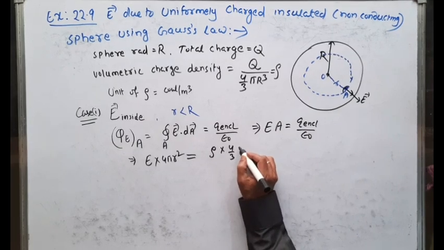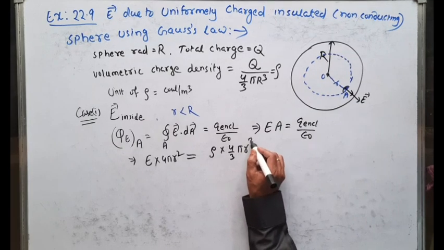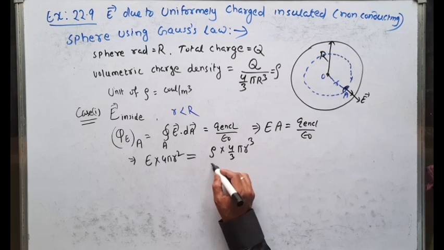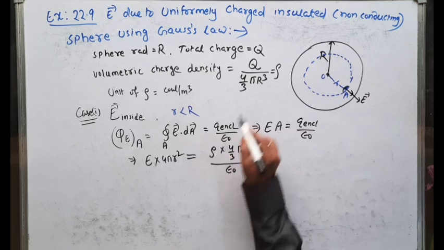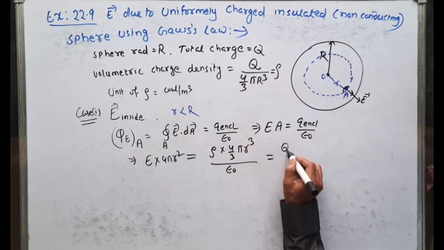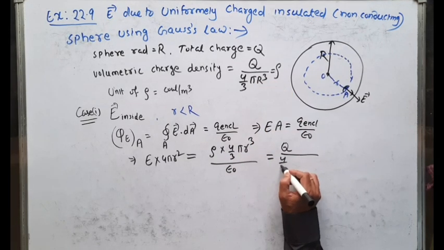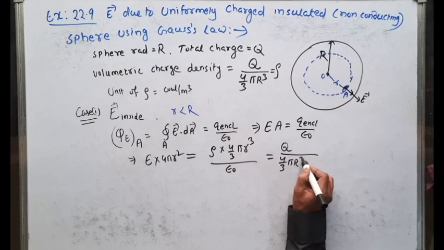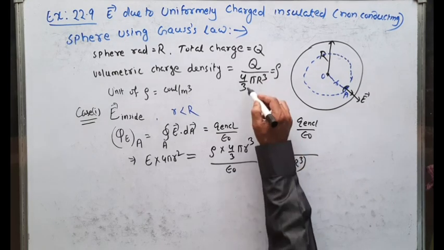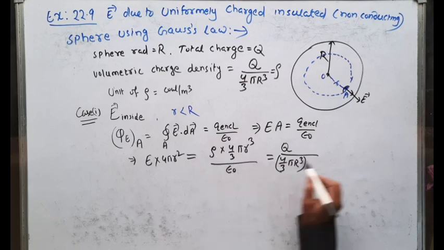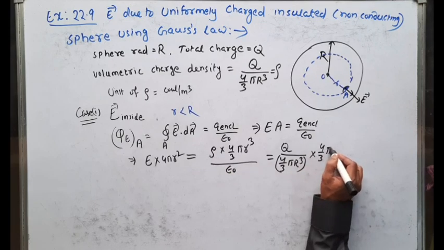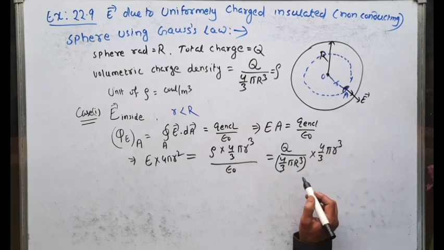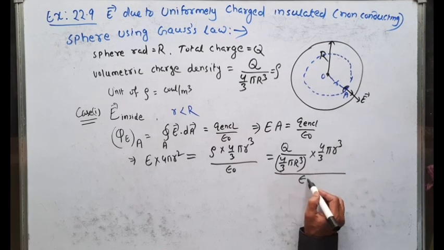The volume is 4 by 3 pi r cube, where r is the smaller radius, divided by epsilon naught. But what is rho? Rho is nothing but Q divided by 4 by 3 pi R cube. So Q enclosed is rho into 4 by 3 pi r cube, divided by epsilon naught.